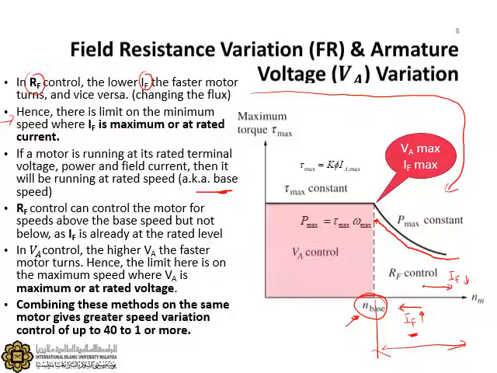So you reach this point here, this knee, when the IF is at the rated level. So you cannot increase IF anymore, which means that if you use this RF control, you can only run the motor within this region.